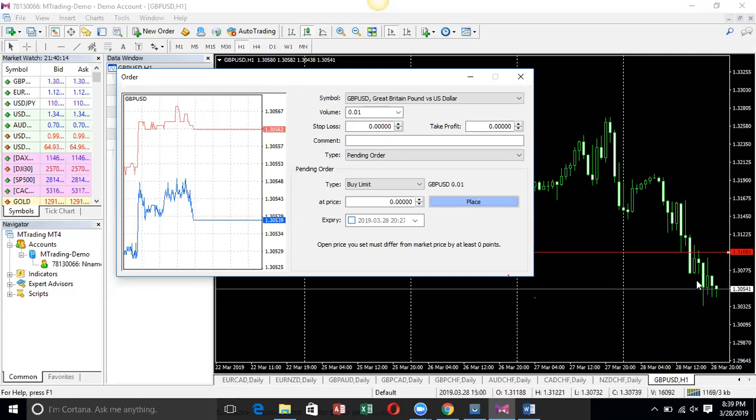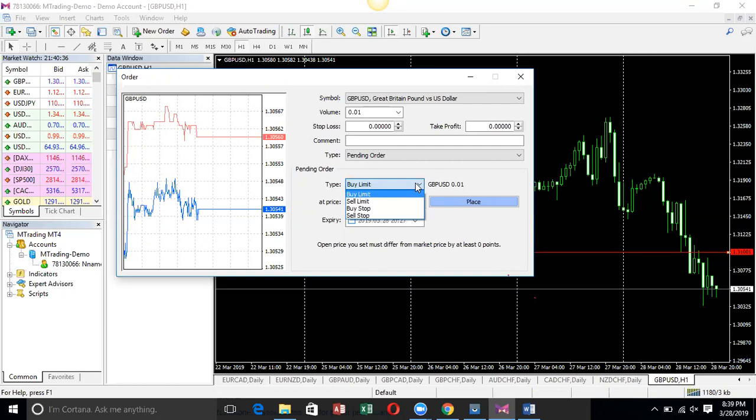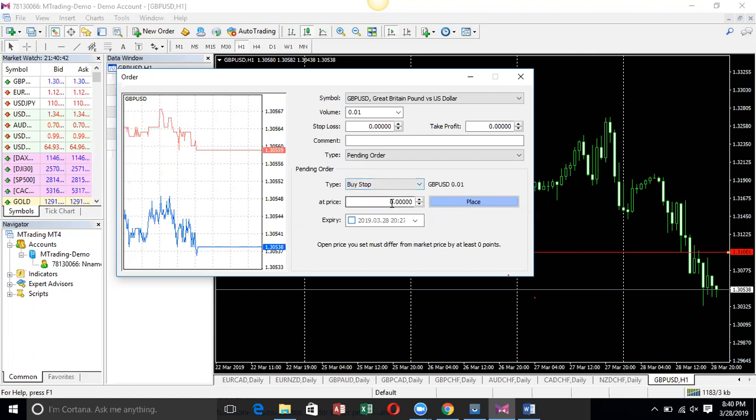Looking at this now, you can see that my ask price is above the current market price. So what am I to select? In this case, the appropriate type of trade I want to execute is buy stop, because my ask price is above the current market price.